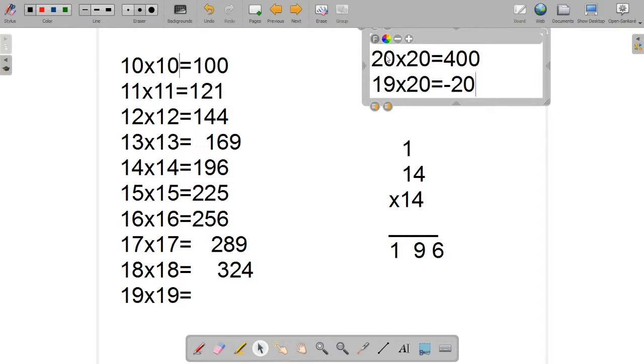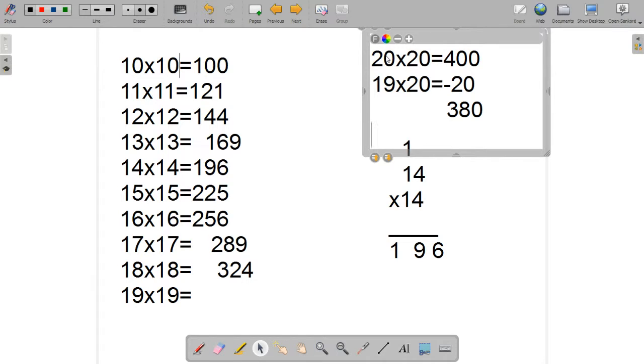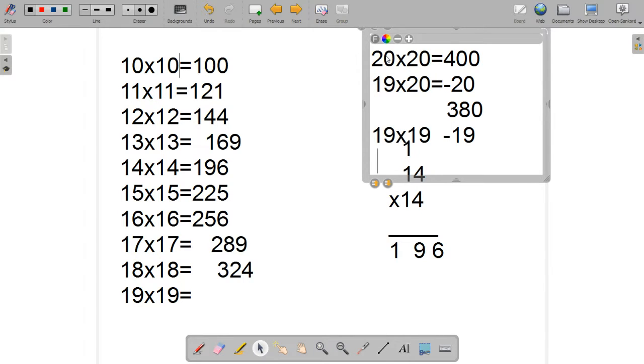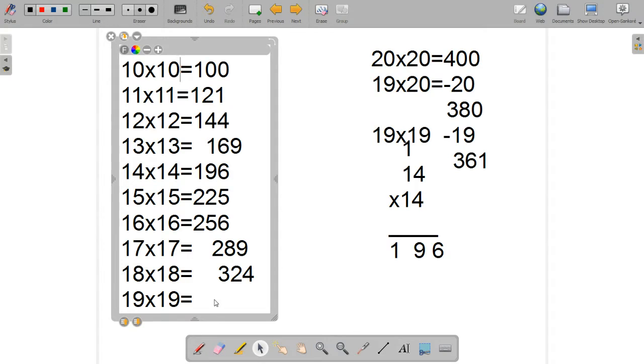So 400 minus 20 is 380. And when you go even one down for the other one, you're subtracting 19. So now you have 361. Or you could always add 20 plus 19 to get 39, and 400 minus 39, you get this. If not, you could always apply the other method.